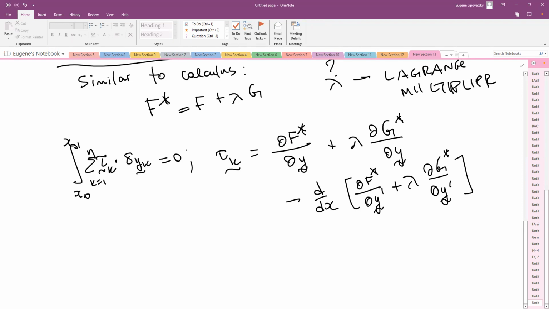That's tau k. So we have this equal to 0.